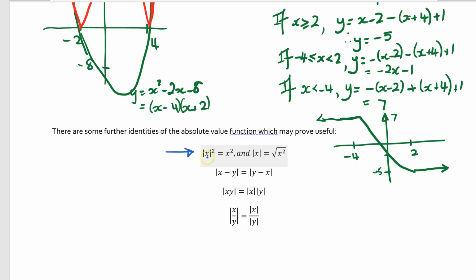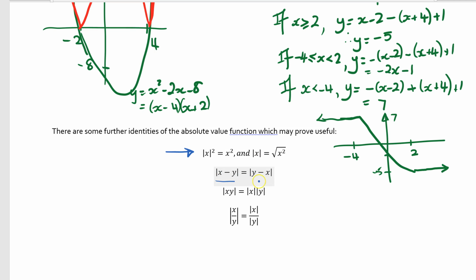You can figure that out. If that's always just going to work out to be x, then we're just going to square it. Maybe a little bit less obvious that the mod of x is equal to the positive square root of x squared, because again, the mod of x is always going to come out to be the positive bit.